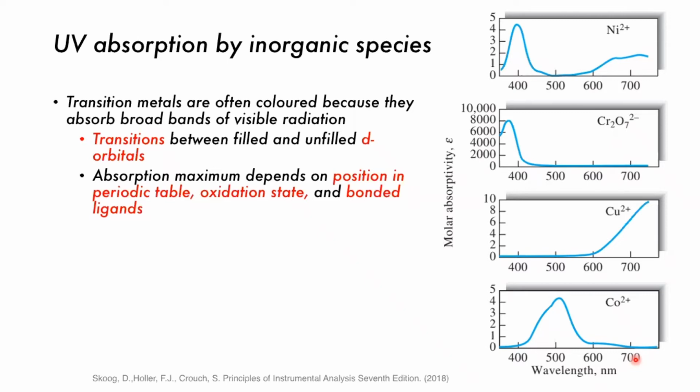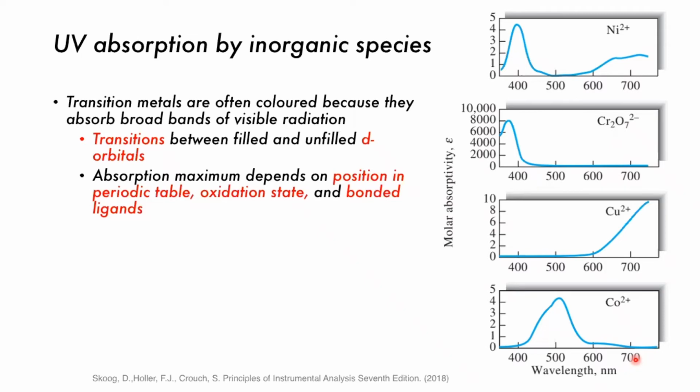This is part of the reason why a lot of inorganic solutions are colored. Copper sulfate is a great example, that's a blue color. We can have others, like iron oxide, which gives a wonderful, vibrant red-orange color, and there are many others available. Potassium dichromate gives us a purple color.